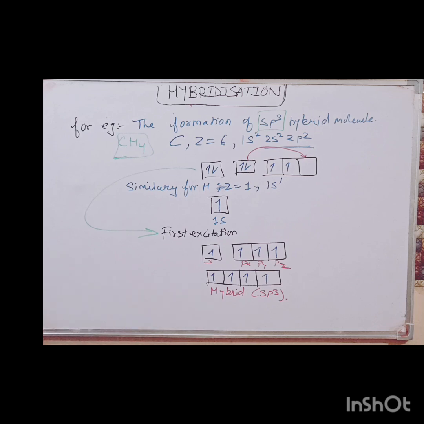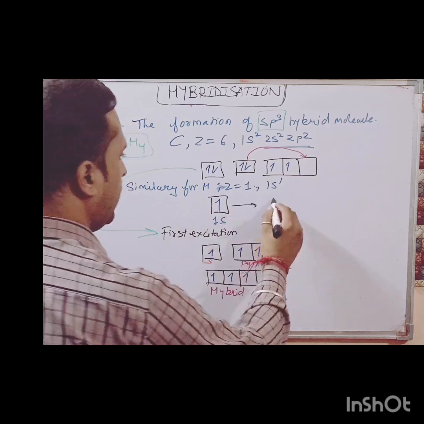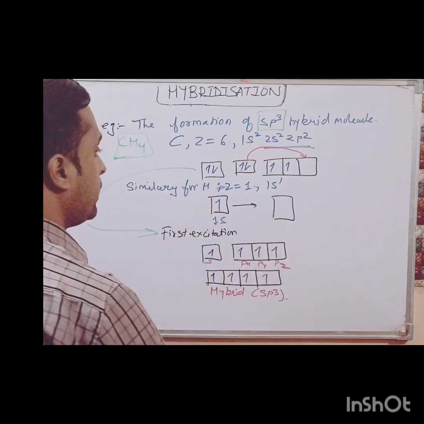Let us understand the structure of the sp3 hybrid. Before going to the structure, the electrons of hydrogen will be found in opposite spin.